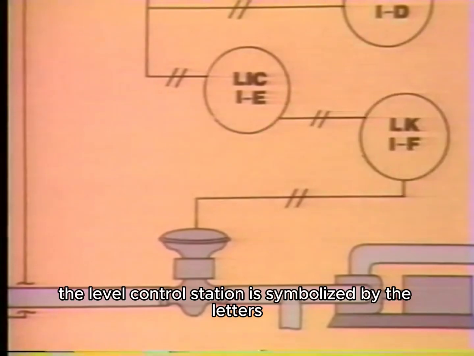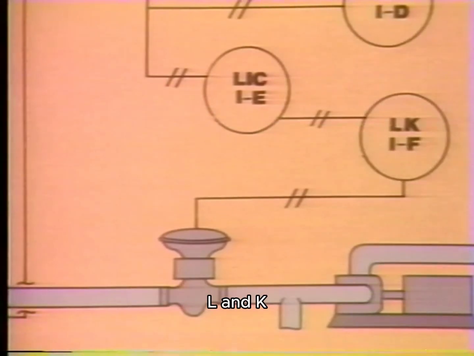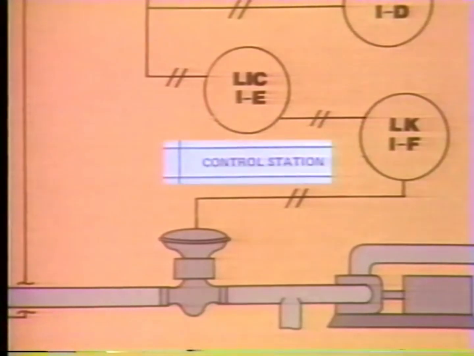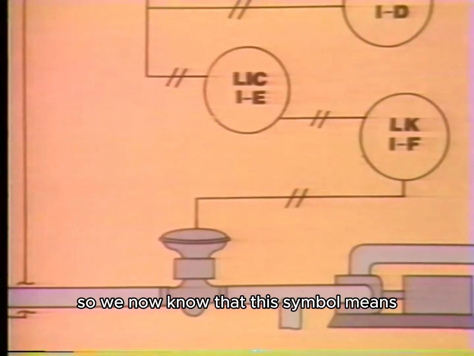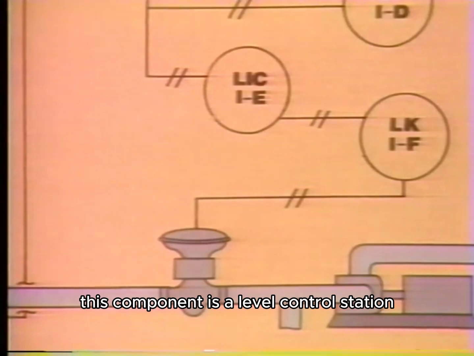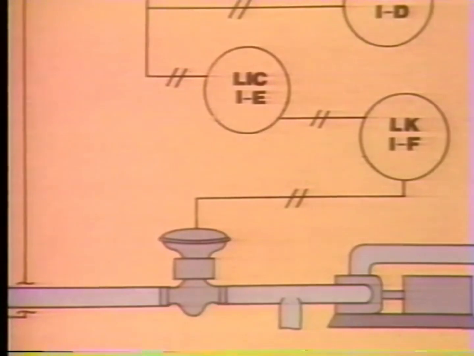The level control station is symbolized by the letters L and K. Again, L means level. The K, as seen on the chart, represents a control station function.